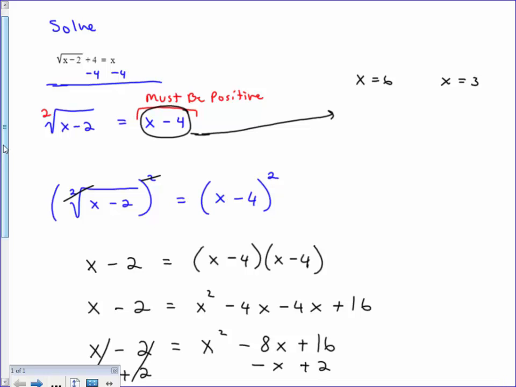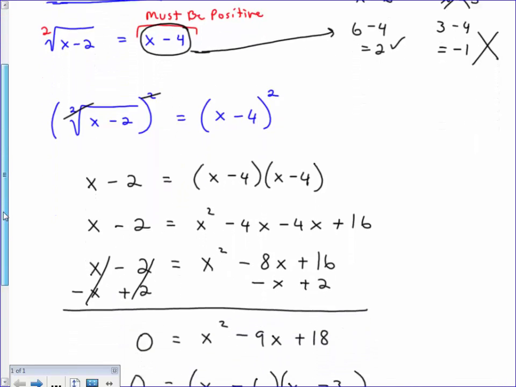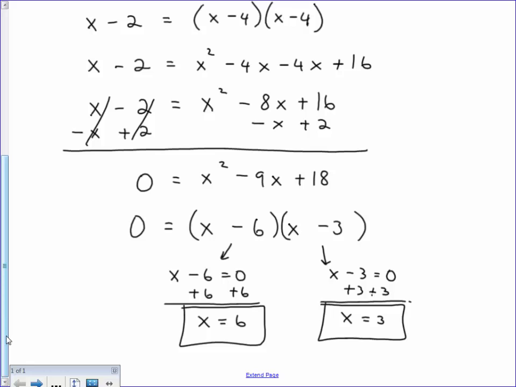If we plug 6 in, 6 minus 4 is 2, which is definitely positive. So x equals 6 is an okay solution. If we plug in 3, 3 minus 4 is negative 1. That's a bad solution. So this one is going to have to be eliminated, leaving only x is 6 as our answer. So eliminate this. X is 6 is our final answer.